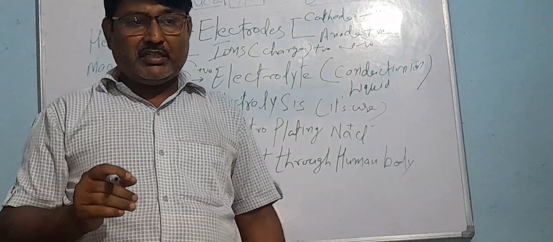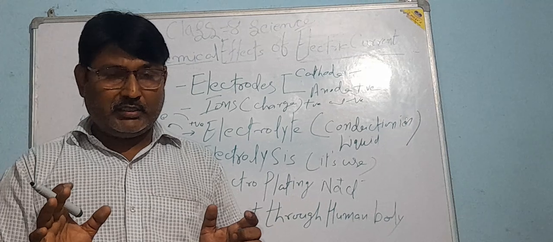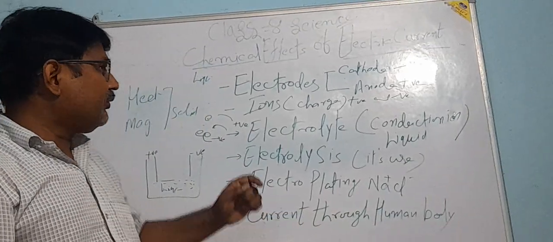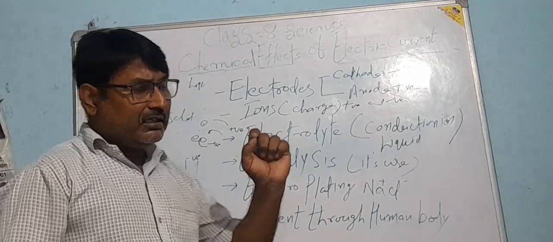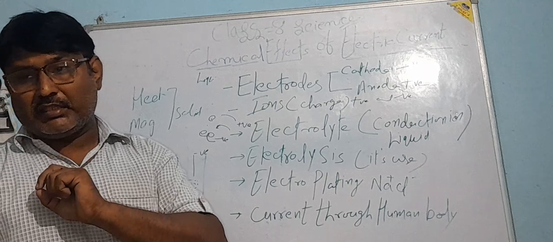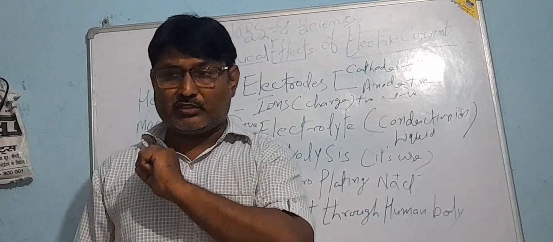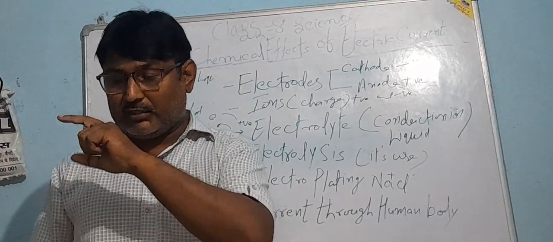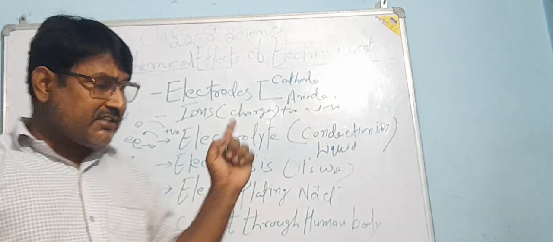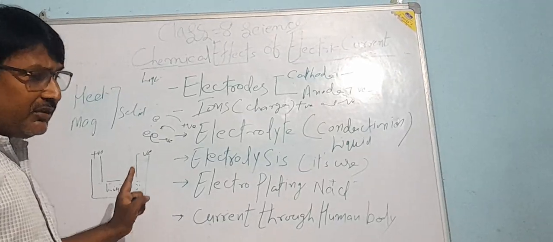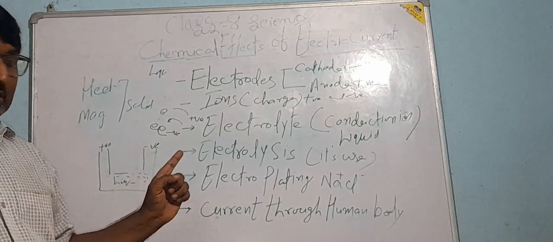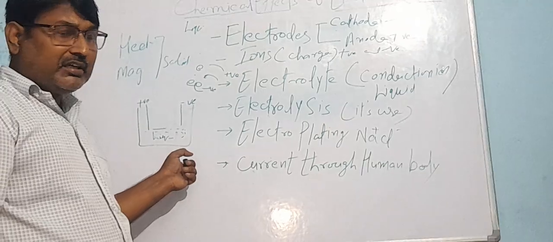One more thing is left. Pure distilled water is not a conductor. Because, and one more thing I want to recall for you, how metal is a conductor, because they have the free electrons. That's why they are able to conduct the charge. Same here, in this liquid, if there are no free ions, then it will not work as a conductor.